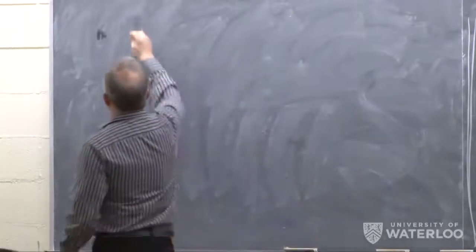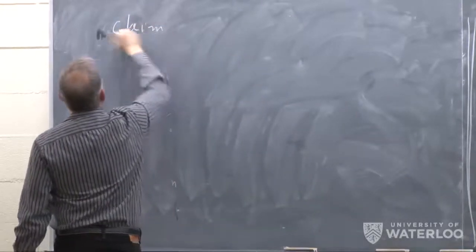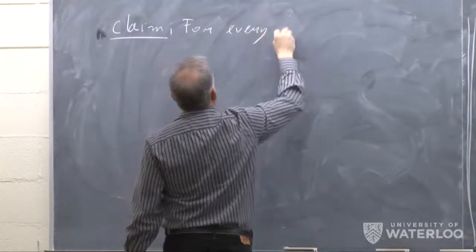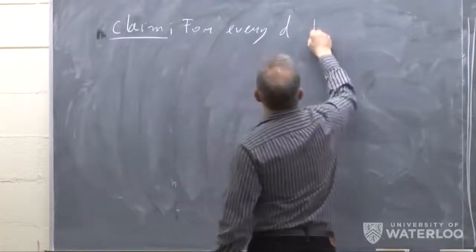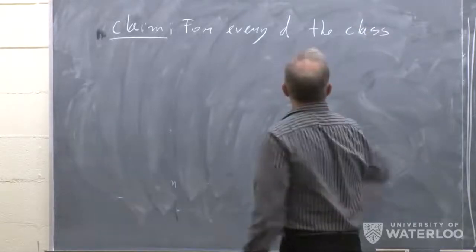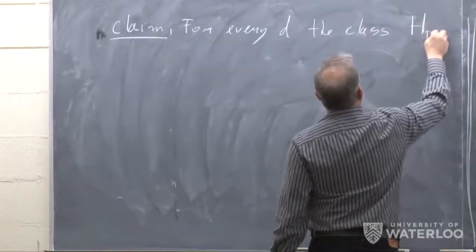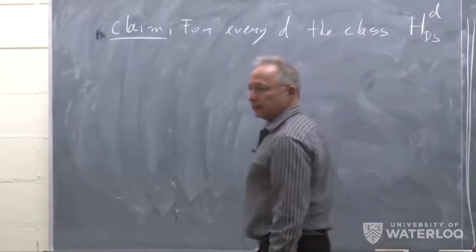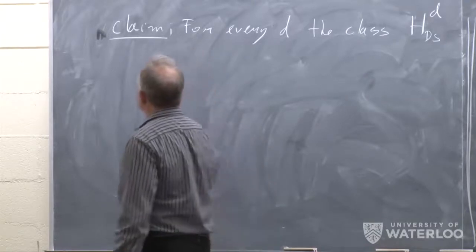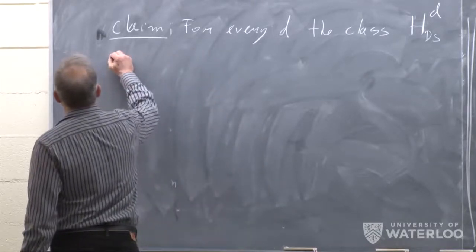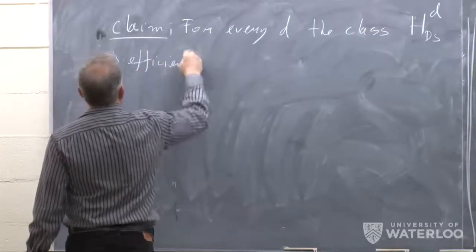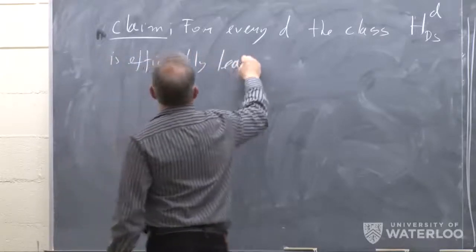So now I have a simple claim. Claim: for every D, the class that I'm going to use often as my basic class, H decision stamps in dimension D, is efficiently learnable.